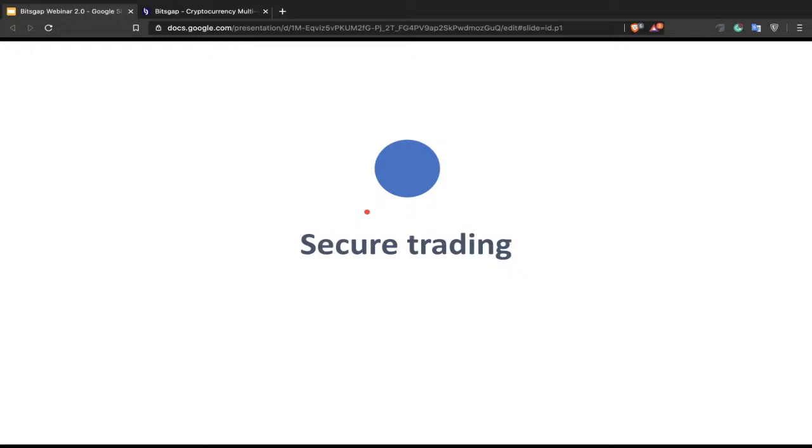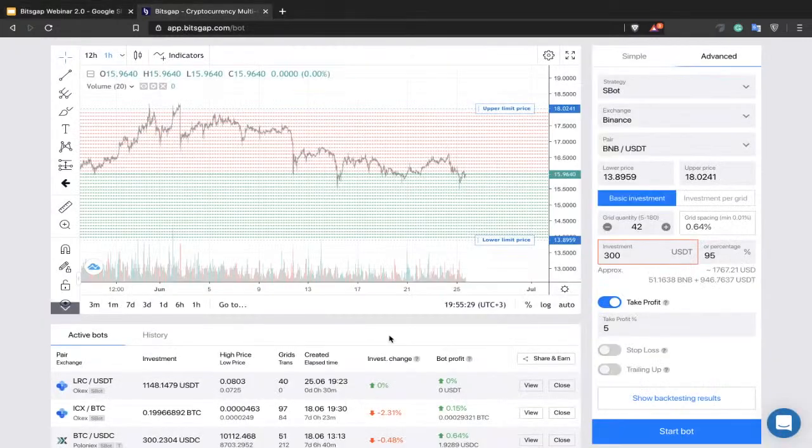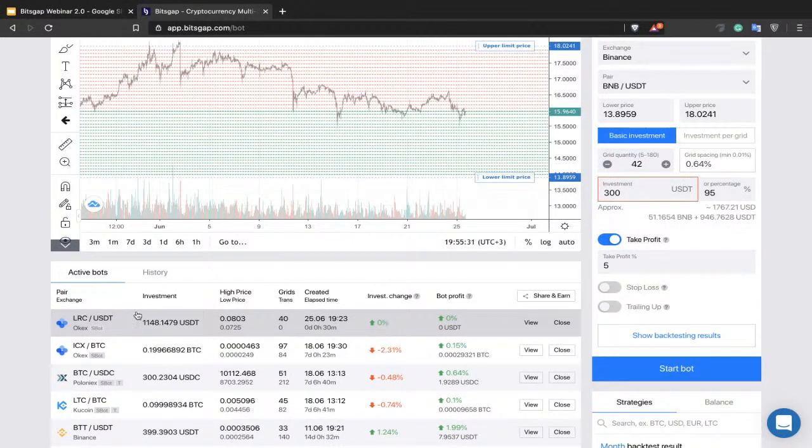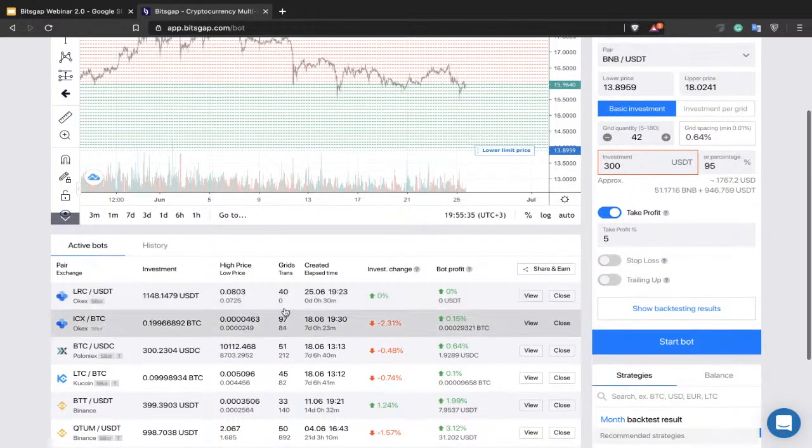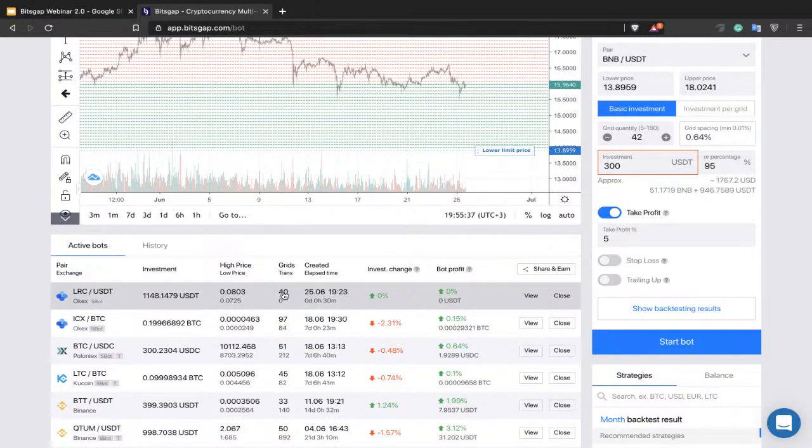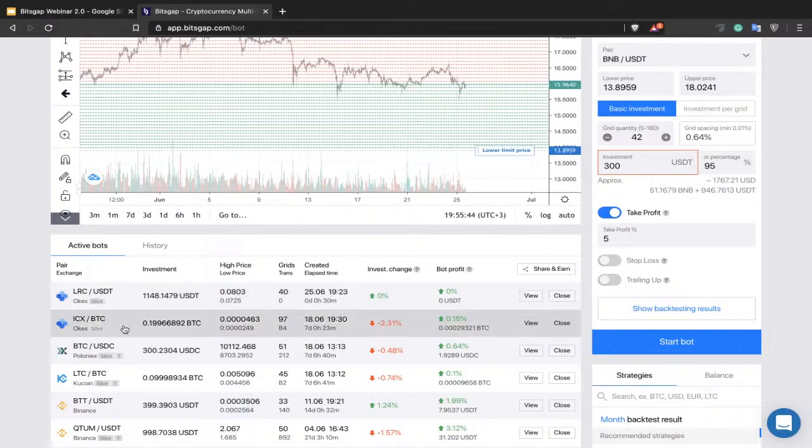With experience comes more practical orientation, whether or not certain cryptocurrencies require more grid levels to be set just to achieve higher returns. Because, you know, depending on the market volatility and depending on the cryptocurrency, for ICON, 97 grid levels can be enough to generate decent profits.